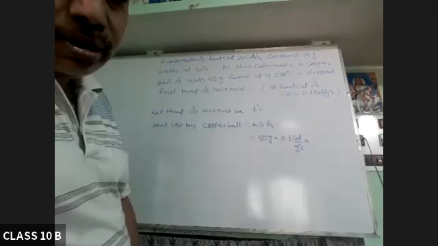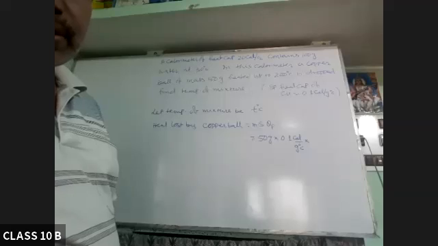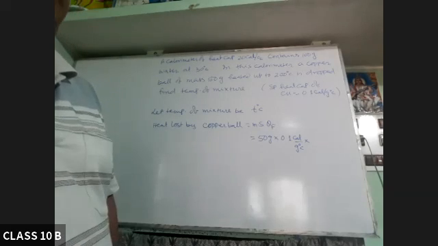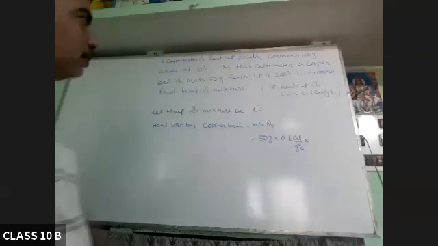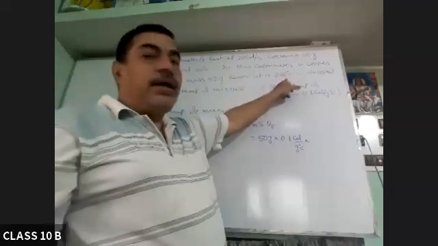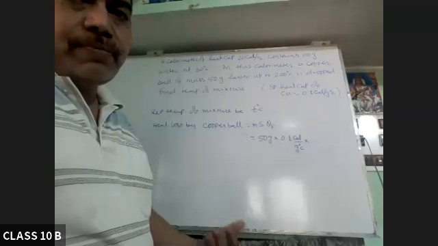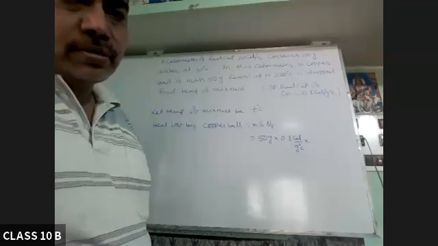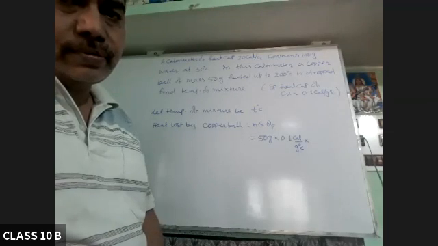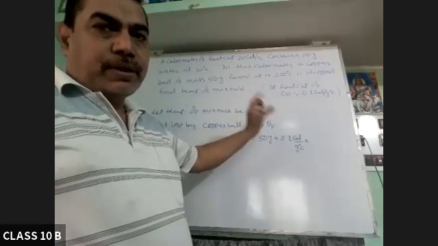It won't be 200 minus 30. The temperature of this copper ball is falling from 200 till where? The final temperature will be T, the temperature of the mixture.